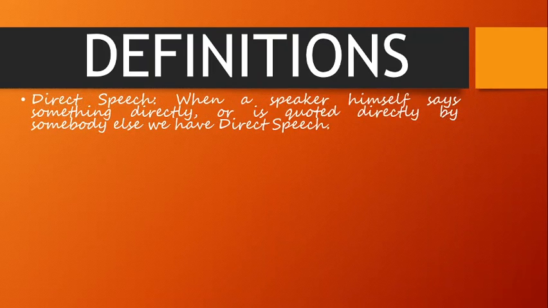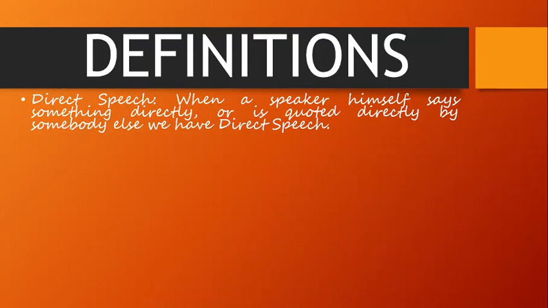When a speaker himself says something directly or is quoted directly by somebody else, we have direct speech. For example, you may say, "I am all right." Now, when I say "I am all right," that is direct speech. But suppose you are reporting it back to somebody else, then it won't continue to be direct speech anymore.